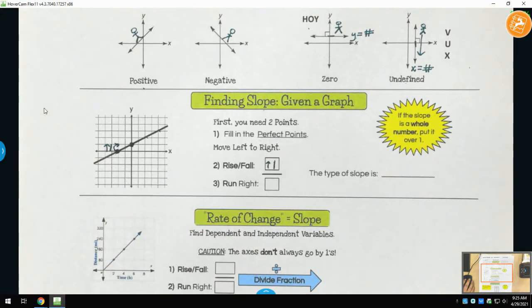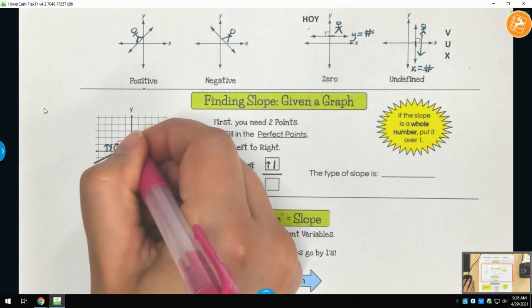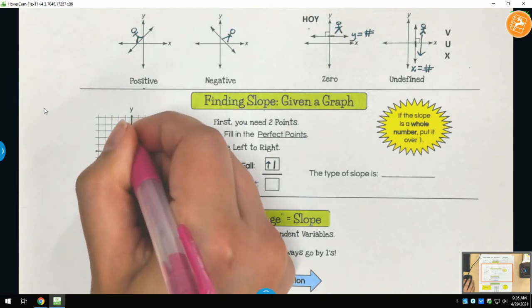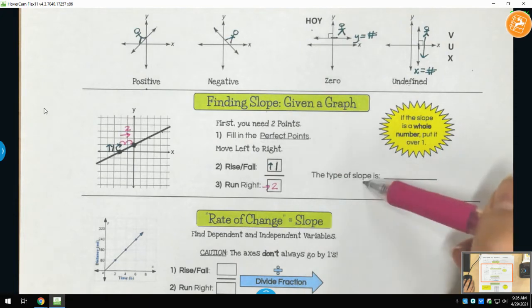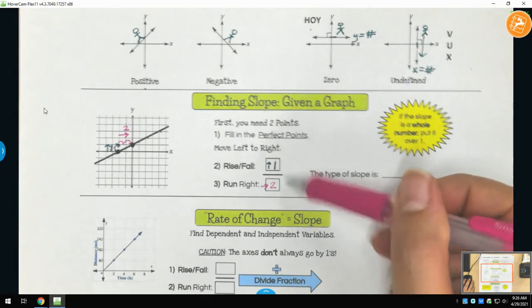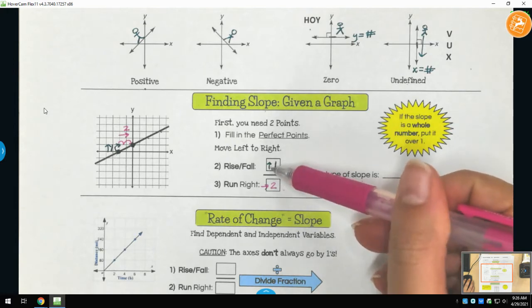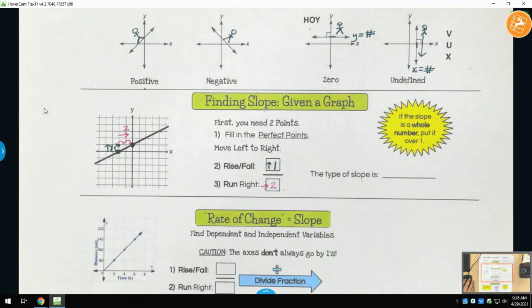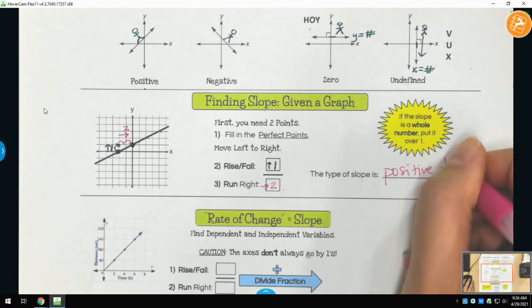And then I have to run to the right 1, 2. So I'm going this direction 2 units. So my slope, my rate of change, reading the graph, is 1 over 2. Up is positive, right is positive, so that's going to be a positive 1 over 2.